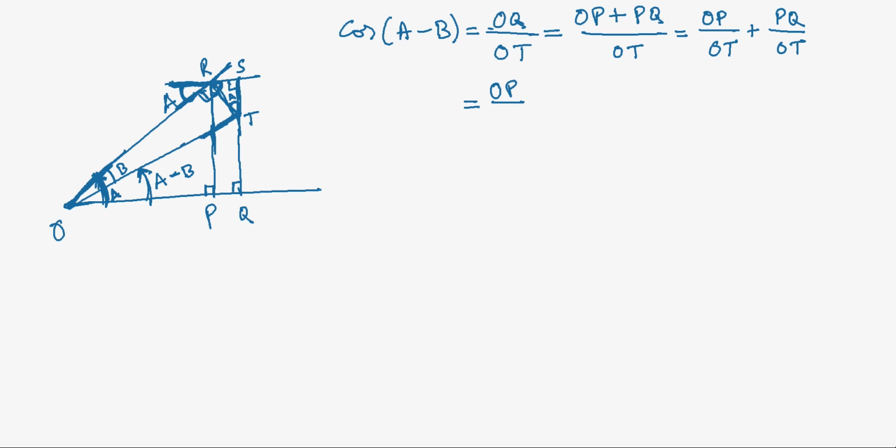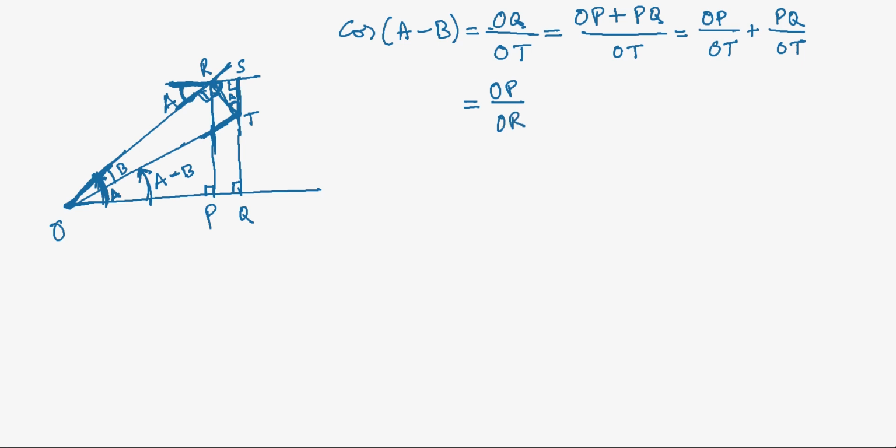OP is already one side of a right angle triangle, called triangle OPR. So that will be OP divided by what, so that we can use the sine or the cosine? OP is the adjacent side of angle A, right? Look for the hypotenuse in the right angle triangle. OR.